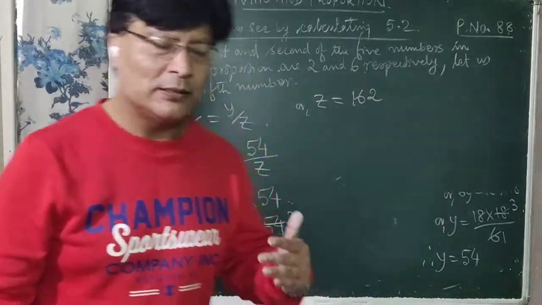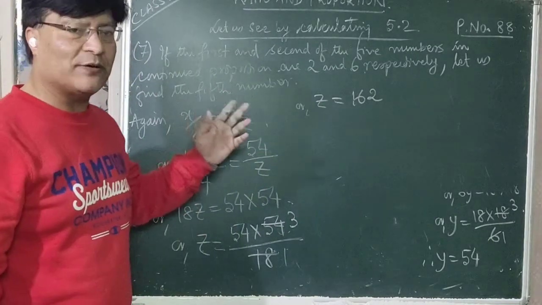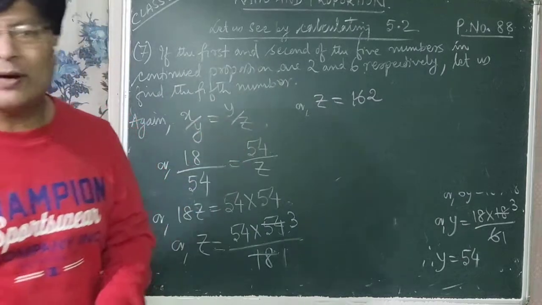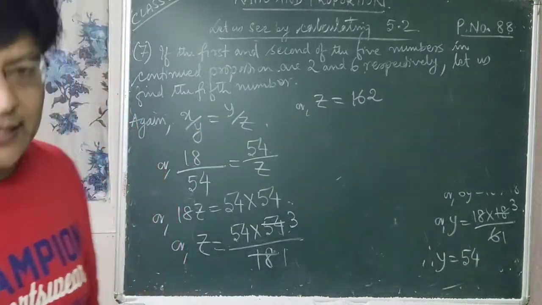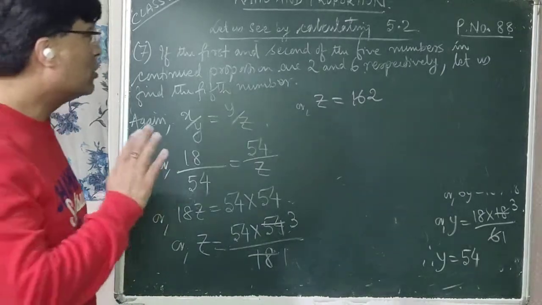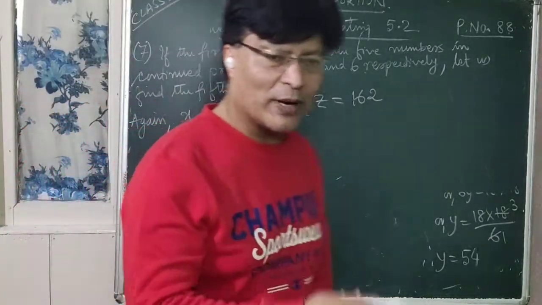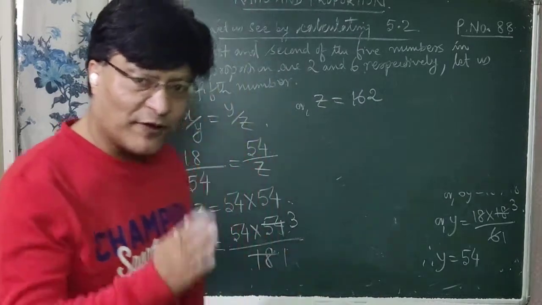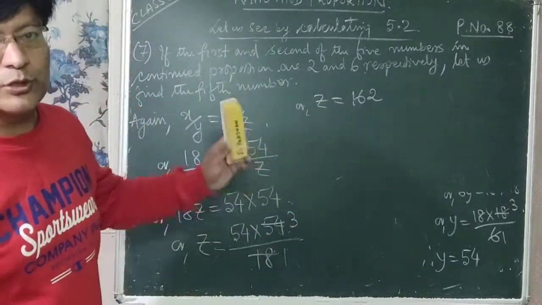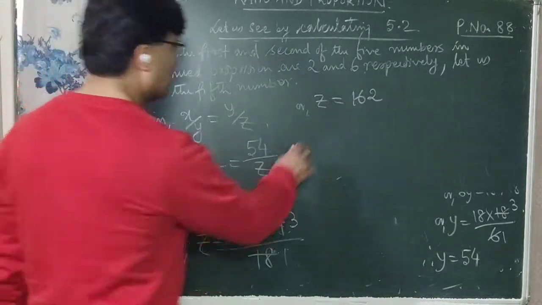So actually this z was assumed as the fifth number, isn't it? So you have to find out the fifth number. So what is the required fifth number out here? It is 162. In my case of 2, 6, x, y, z, z was the fifth number. So what is the value for z here? z is equal to 162. So this is the required fifth number.